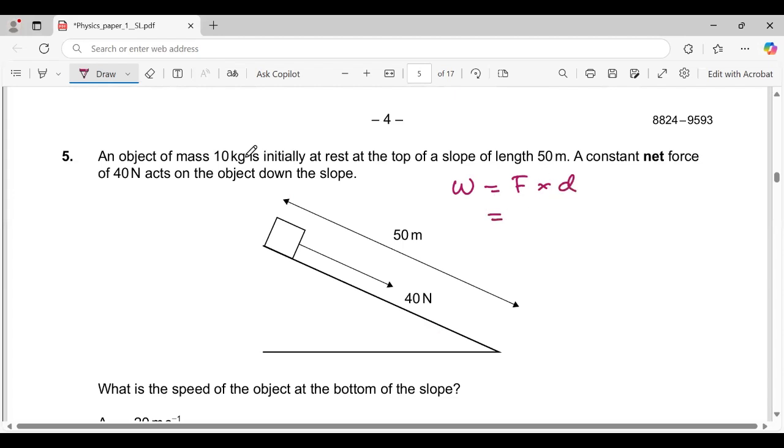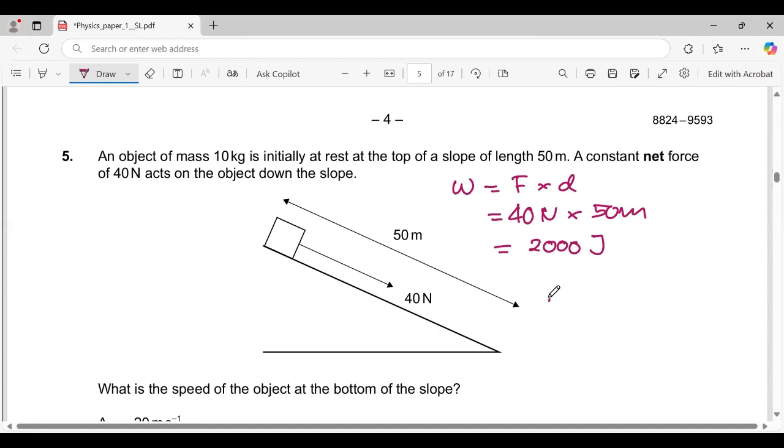F is 40 Newton, and D is 50 meters. So if you calculate, the result is 2000 joule, Newton meters per joule. And the next, the change of kinetic energy.